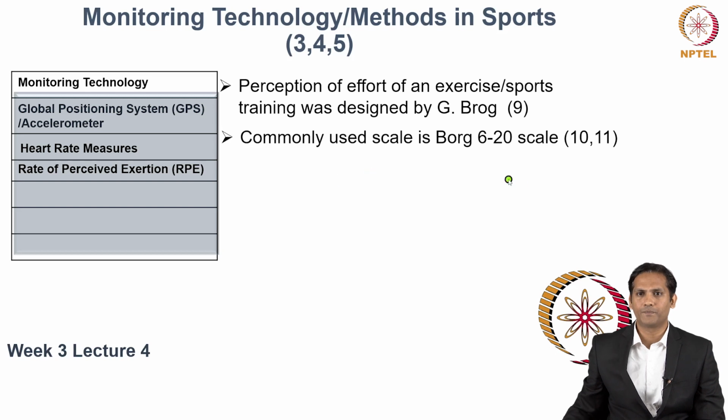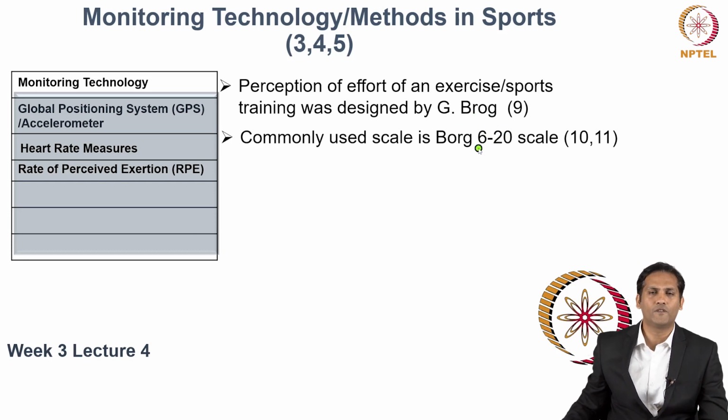For example, 6, add a 0, it means you exercise with a heartbeat of 60. Let's say you exercise and the perception of the effort for a given exercise, you say it is 12. You add a 0, so it would become 120. So it means you have exercised at 120 beats per minute. This is how the Borg 6 to 20 scale can be used.